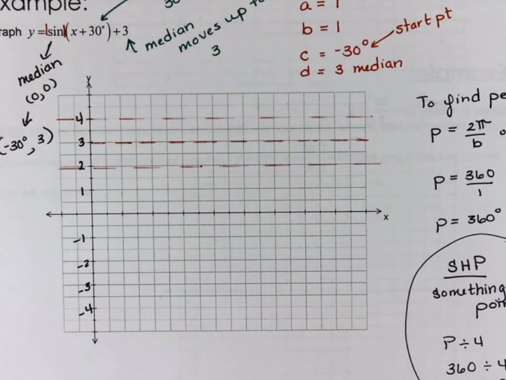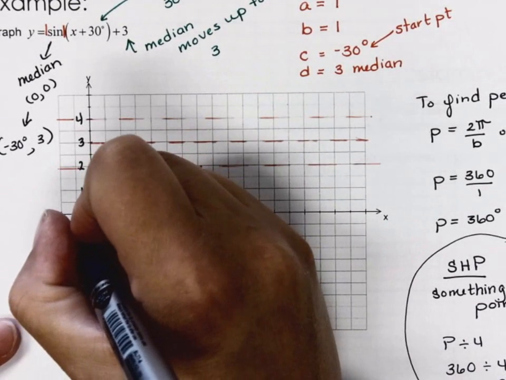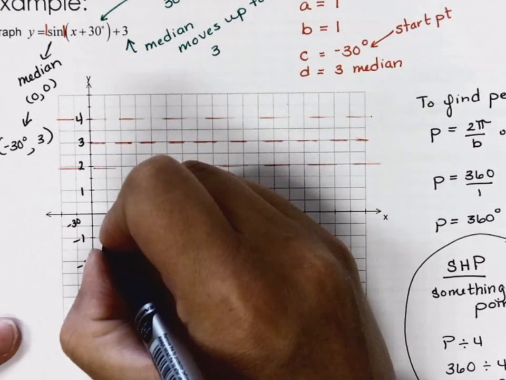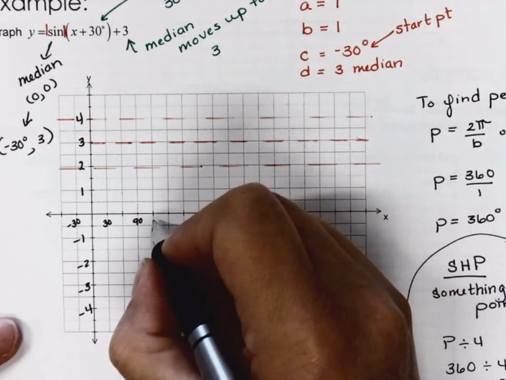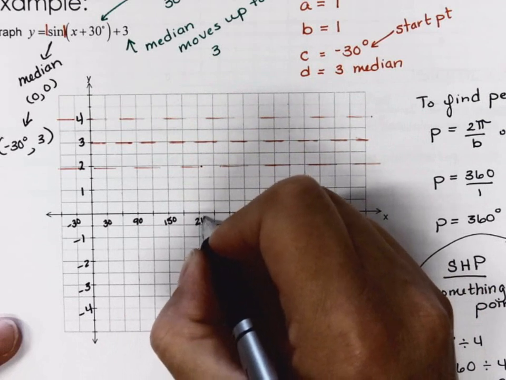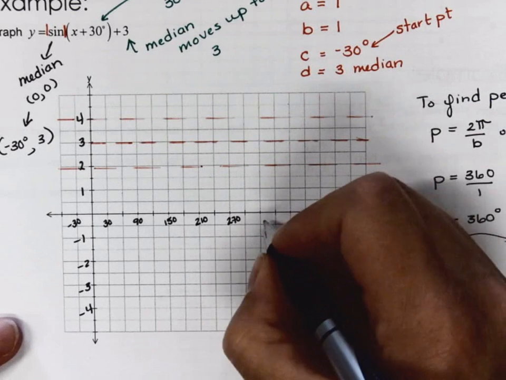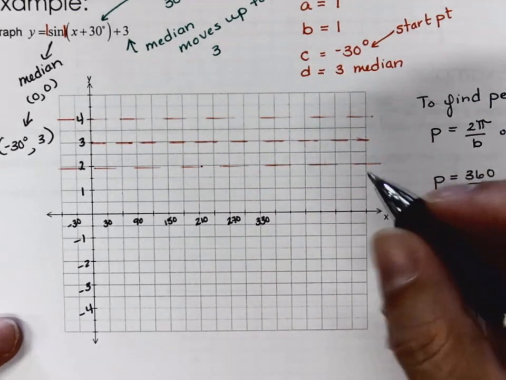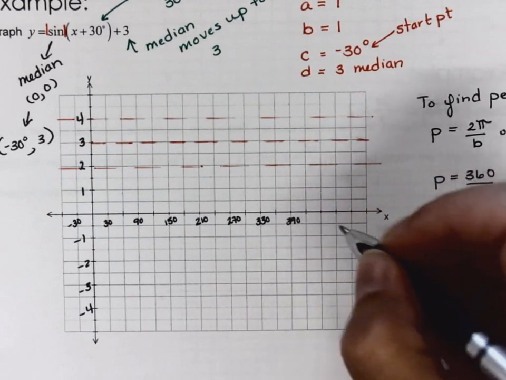How big is my period? 360 degrees. Okay, let's add some increments on there: -30, 30, 60, 90, 120, 150, 180, 210, 330, 390, and I can keep going.